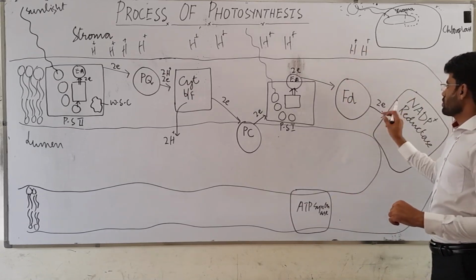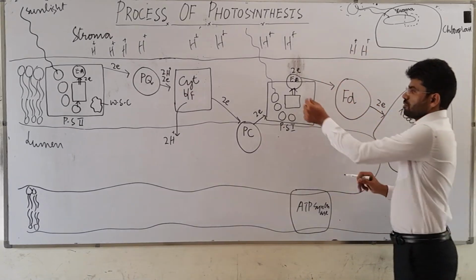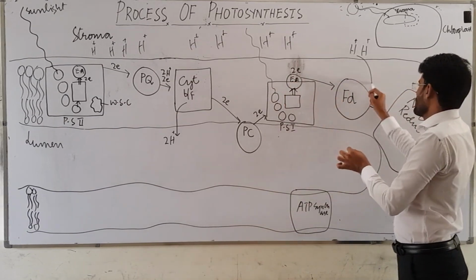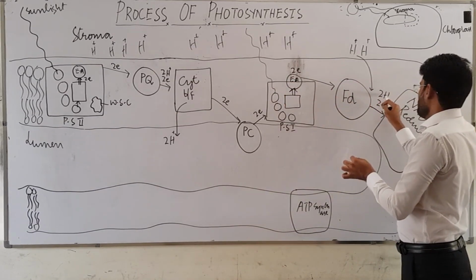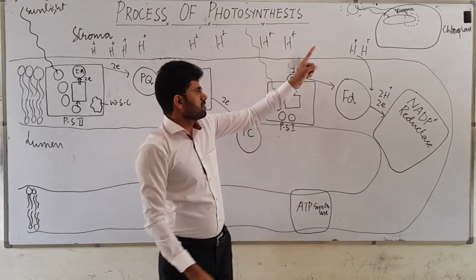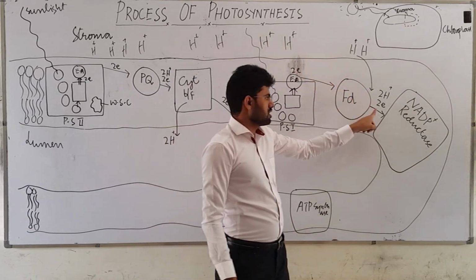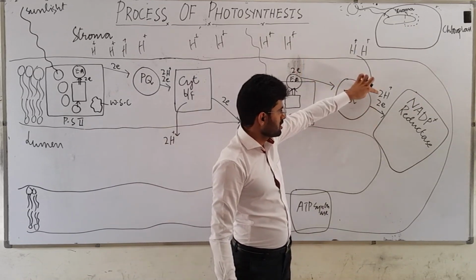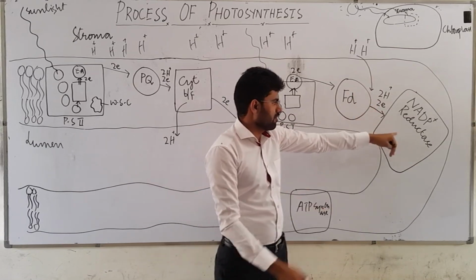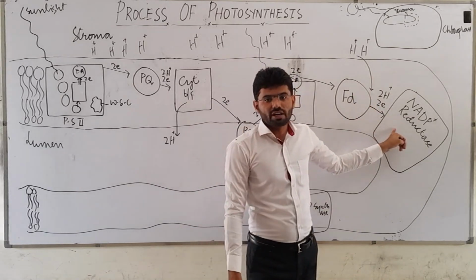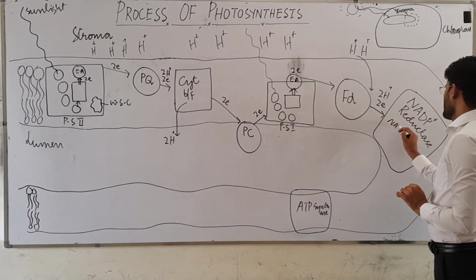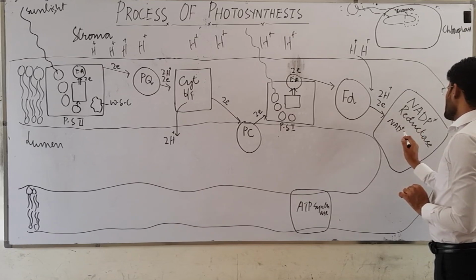So when these two electrons are given by this electron acceptor molecule to ferredoxin, again there will be pumping of two H+ ions from the stroma along with these two electrons. So these two protons and these two electrons are now given to the NADP reductase complex, where a coenzyme is reduced to NADPH.